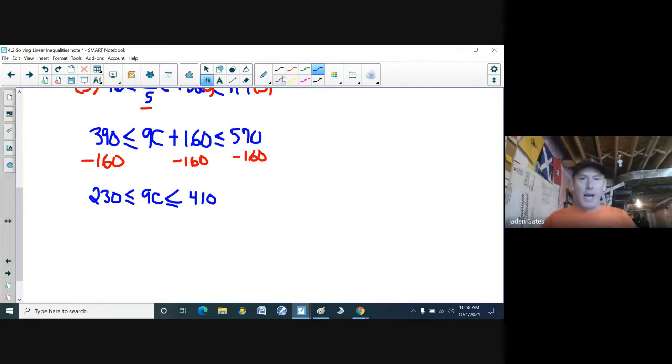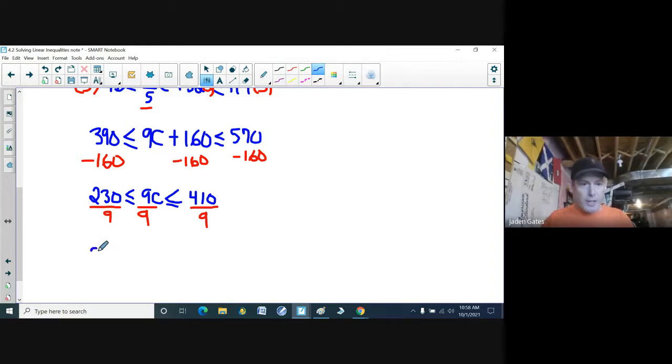All right, now my last step, I'm going to divide by 9, positive 9, so my signs aren't going to switch here. And I'm going to have to do the same thing on the left and the same thing on the right. So now I'm going to get my inequality. I get 230 divided by 9.